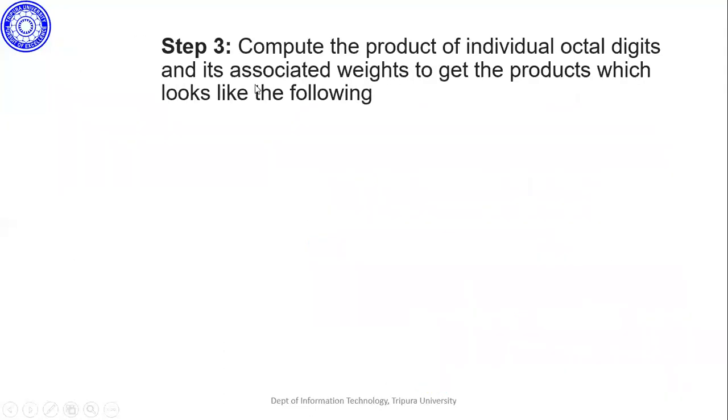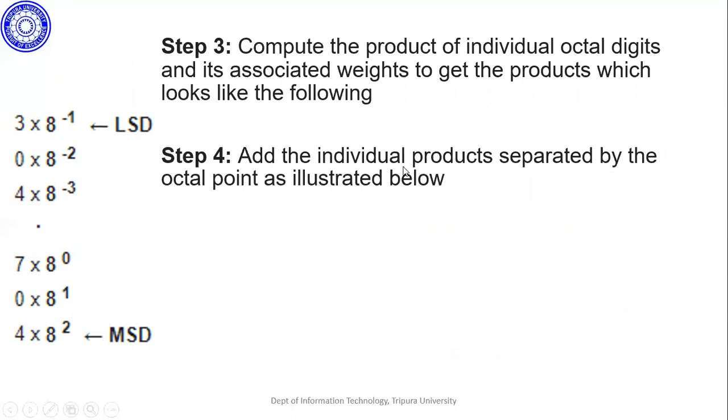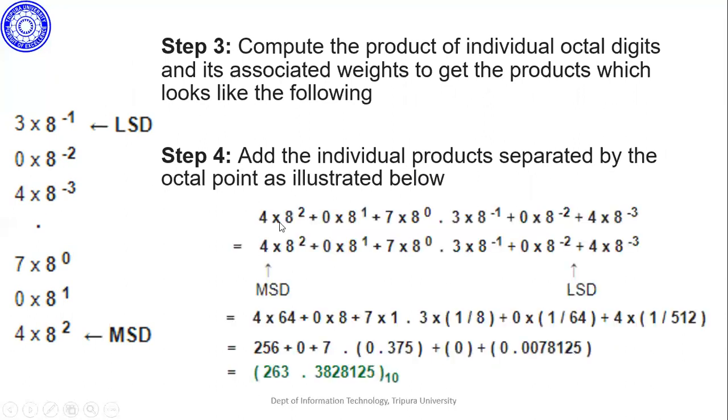Step 3 deals with computing the product of individual octal digits as the following. Next, the last step is having individual products separated by the octal point as illustrated below. This is the MSD, this is the LSD part. So we have 263.